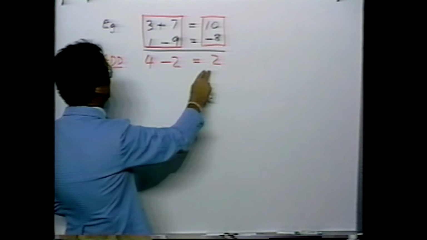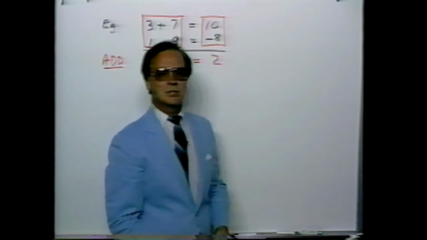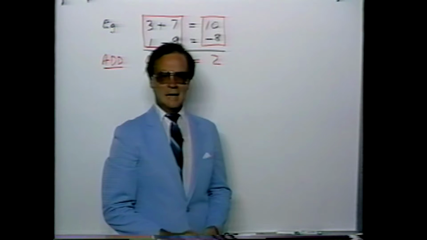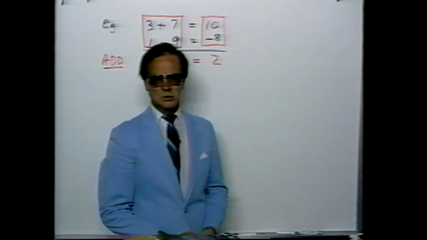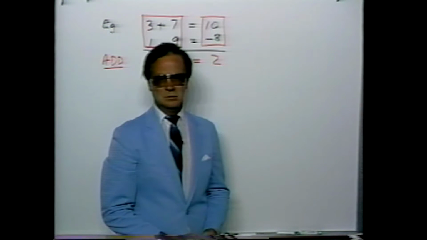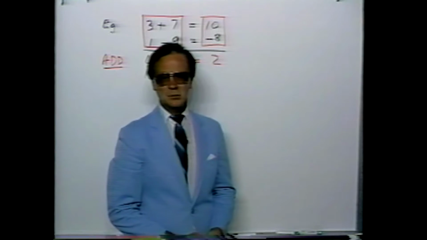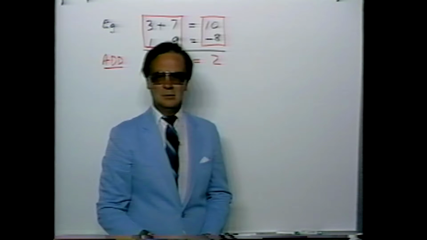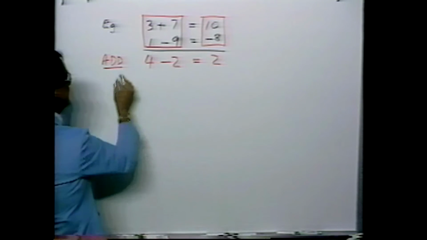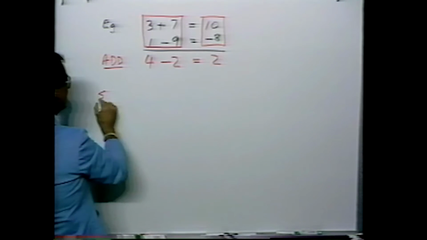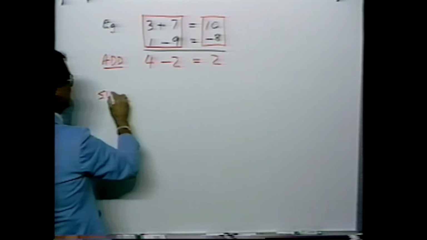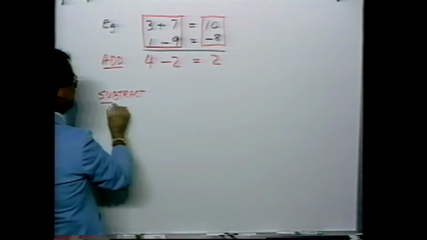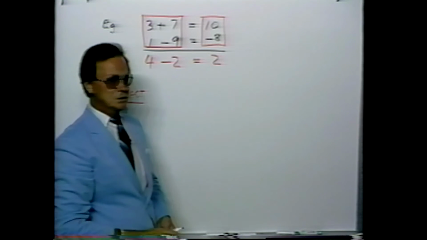It certainly does not look like any of the other two equations I wrote, but nevertheless, I can add systems to produce a new equation which is also a true statement and is in fact part of the system that I began with. If now I continued with the same two equations and subtracted, notice what happens.